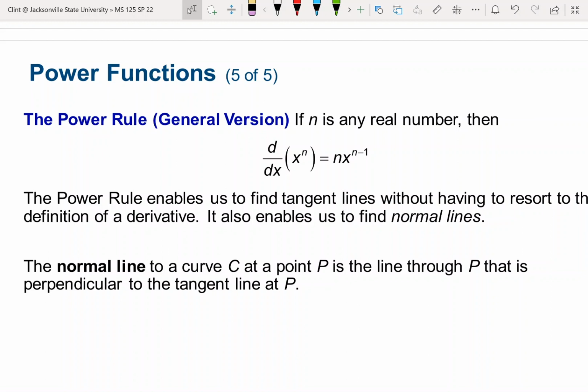We have x to the square root of 2, something irrational, power rule still works. So we can expand our power rule, and we can say if we have x raised to any real number power, then we can use the power rule. That's really nice. All of a sudden we can find a ton of different derivatives pretty easily by just using the power rule.